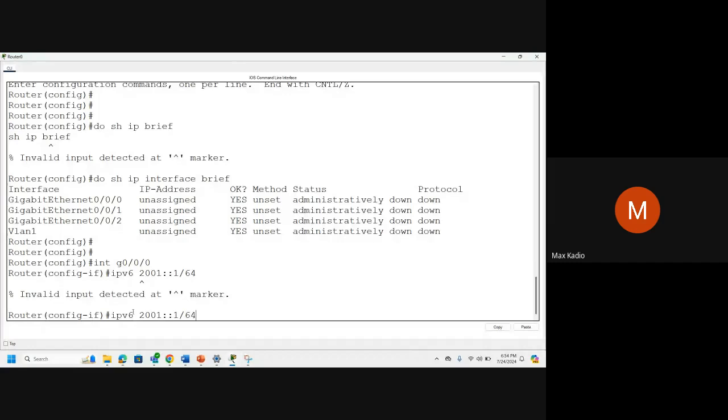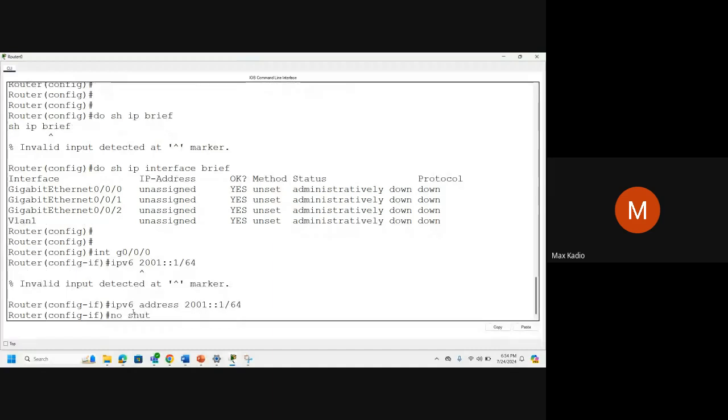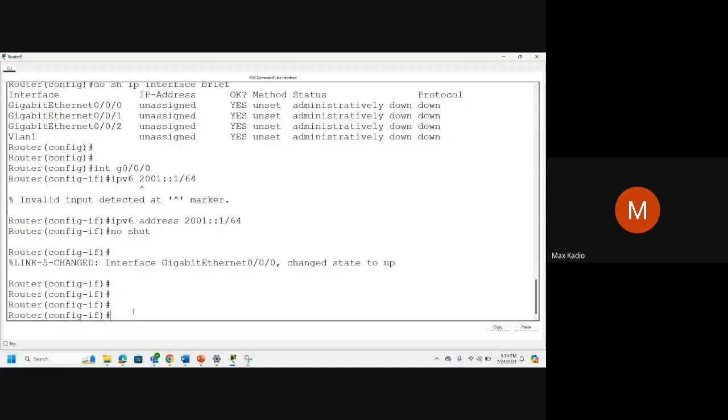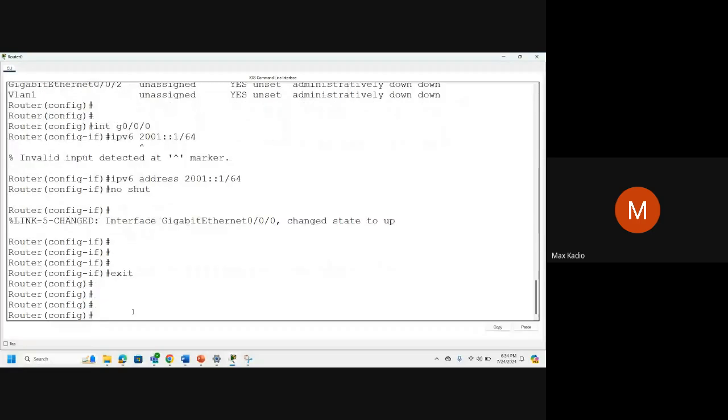So I forgot address. IPv6 address. Press enter. No shut or no shutdown. It's like I'm switching on the light, or I'm switching on the interface. You can exit, and because I'm dealing with IPv6, I must always type IPv6 unicast-routing.